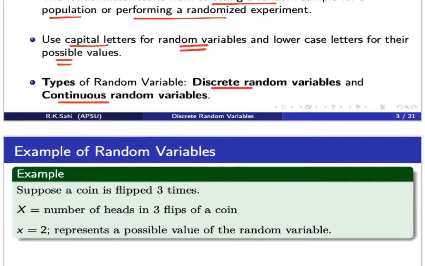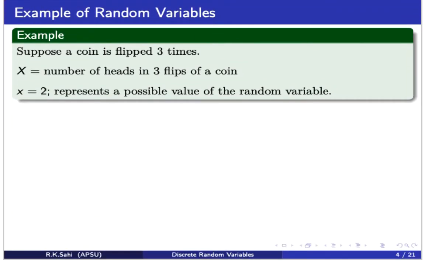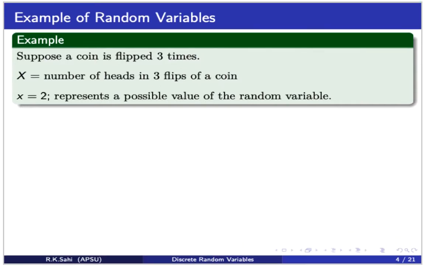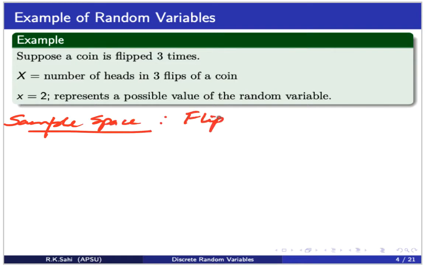So let's do a quick recap of a random variable example. I will equate it once again to the things we have learned earlier and why random variables are very important for us. Let's look at a sample space. This is a sample space for flipping a coin 3 times.